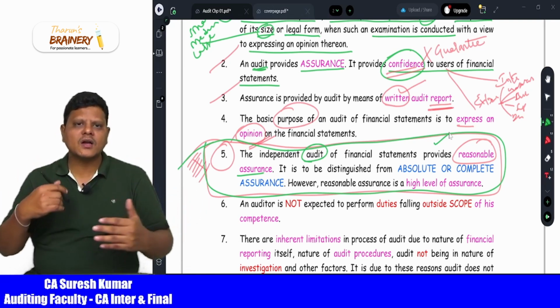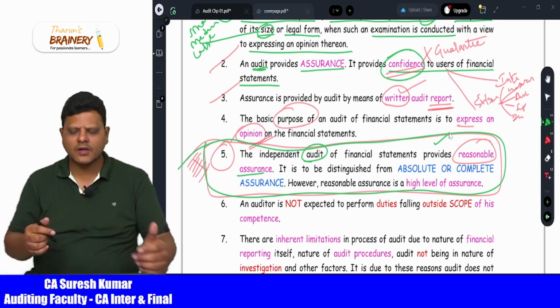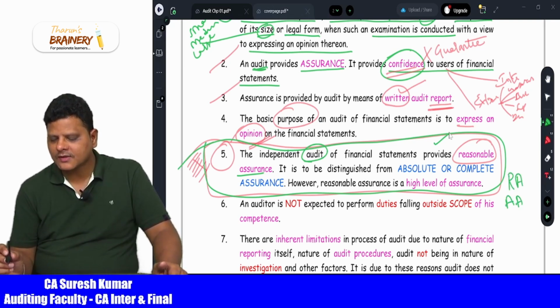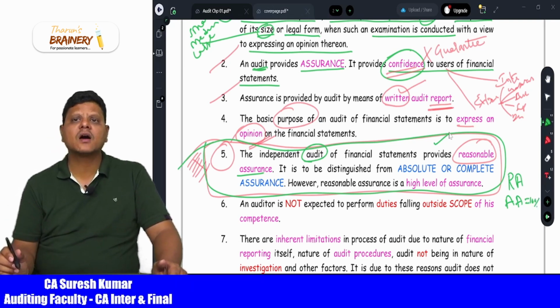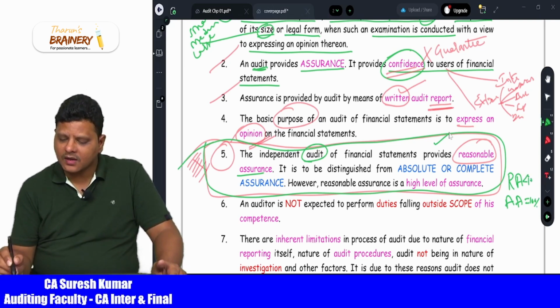Whenever you are reading or writing the auditing paper for examination, you should understand two assurances majorly. One is reasonable assurance, the second is absolute assurance. Absolute assurance means 100% assurance. Reasonable assurance means less than 100% assurance.